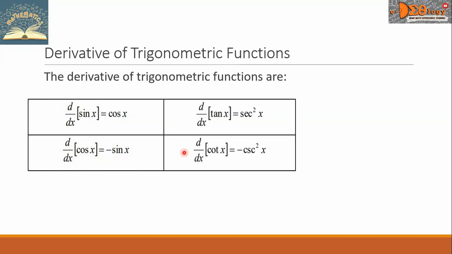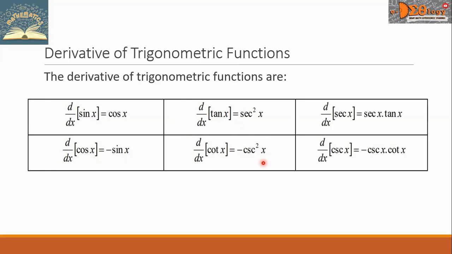The second two are d over dx of tangent x equals secant square x. The fourth one, d over dx of cotangent x equals negative cosecant square x.